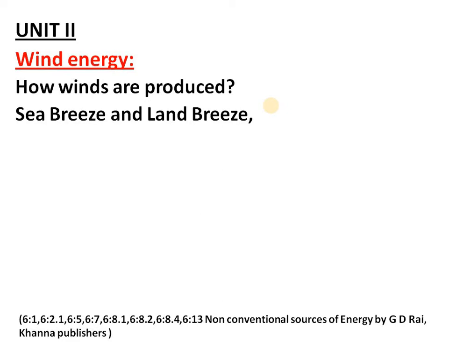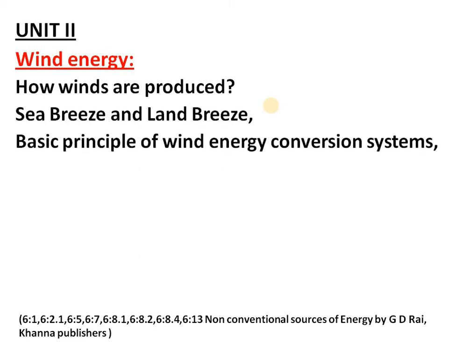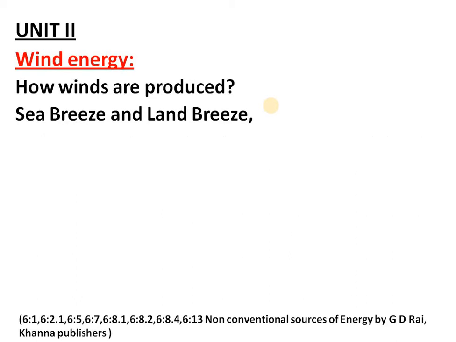We will talk only about those winds which are useful for energy generation from windmills. We will see what sea breeze and land breeze are, and how other types of winds are produced.